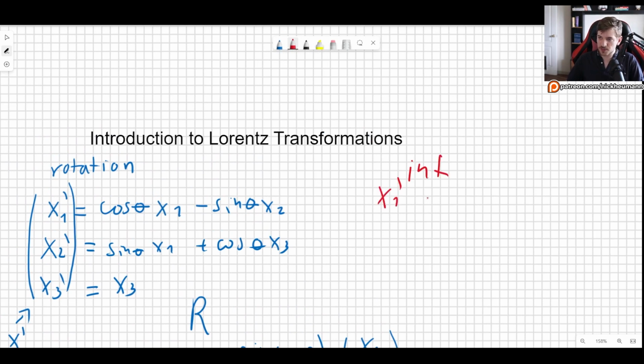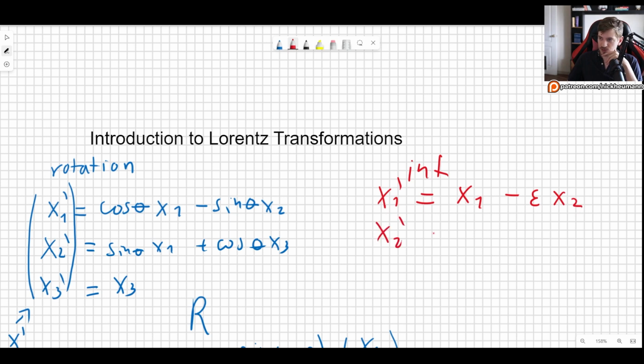So x1 prime, well, the cosine theta, if theta is very, very small, is simply 1. So x1, right? This is, of course, an approximation. Then minus sine theta. Well, sine is basically theta when it's very small, but let's now just call it epsilon, this very, very small amount, just so that we keep with convention.